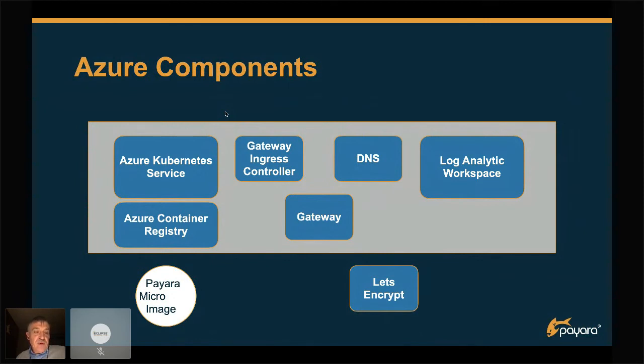First of all, we are using the Kubernetes service and a container registry, but we opted, and we don't have a choice really, for a generic image, the Payara Micro generic Docker image, because we have no idea what application the user will deploy on our system. So we need to make it as generic as possible so that we can handle any kind of Jakarta EE web profile compliant application.